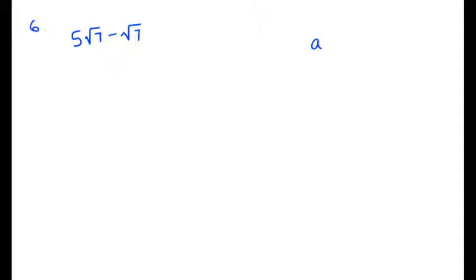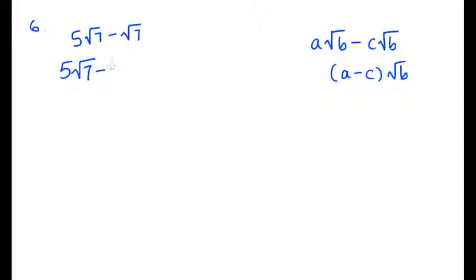If we have some A rad B minus C rad B, we can essentially take that rad B out. So what I can do here is you can always put that coefficient of 1 in front of that rad 7. And when we take that rad 7 out, we get a 5 minus 1 times rad 7, and we're left with 4 rad 7.